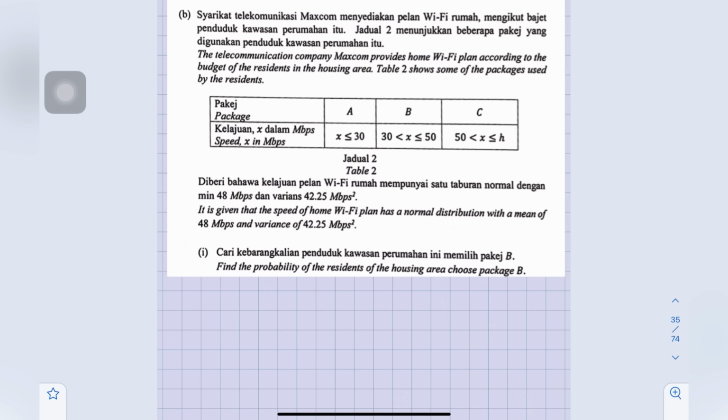There are package A, B, and C. A is less than 30 Mbps, B is X from 30 to 50, and package C is X from 50 to H. It is given that the speed of home Wi-Fi plan has a normal distribution, with a mean of 48 Mbps and variance of 42.25 Mbps squared. Roman 1, find the probability of the residents of the housing area choose package B.